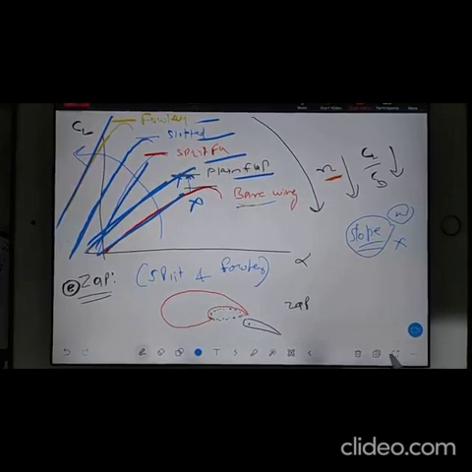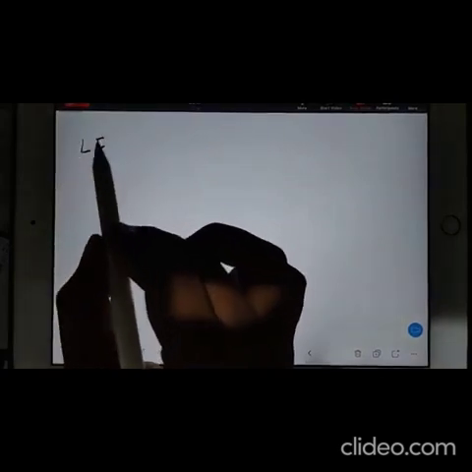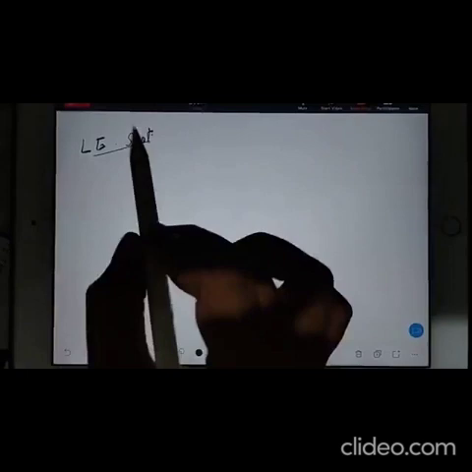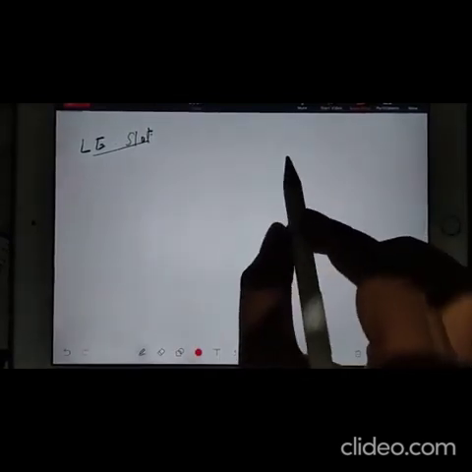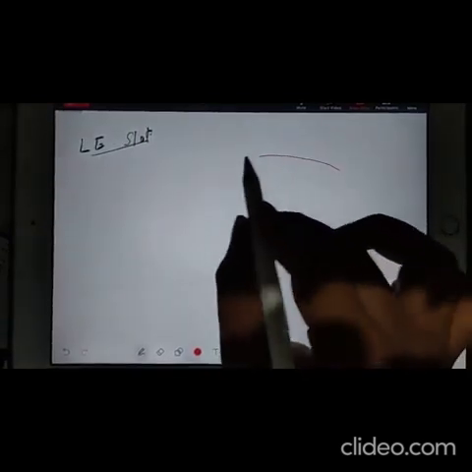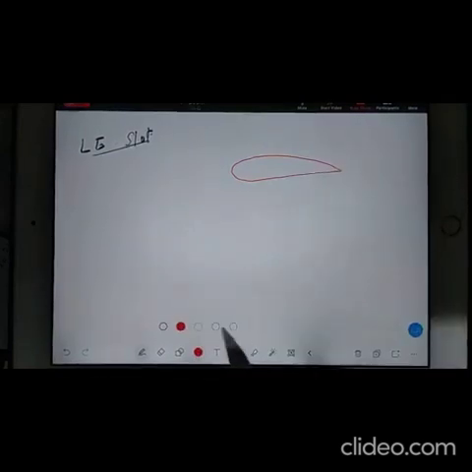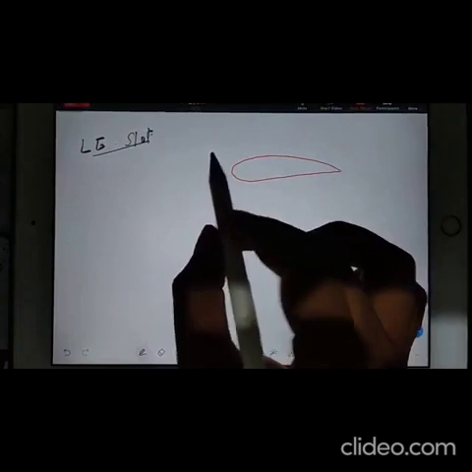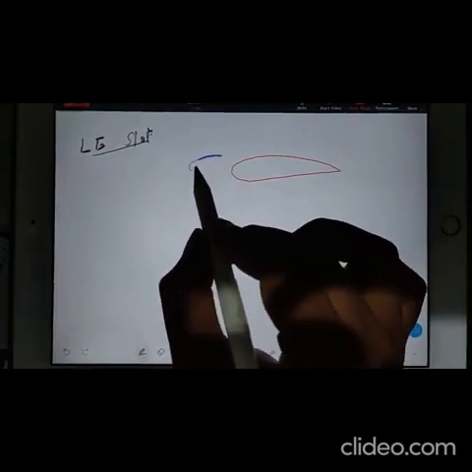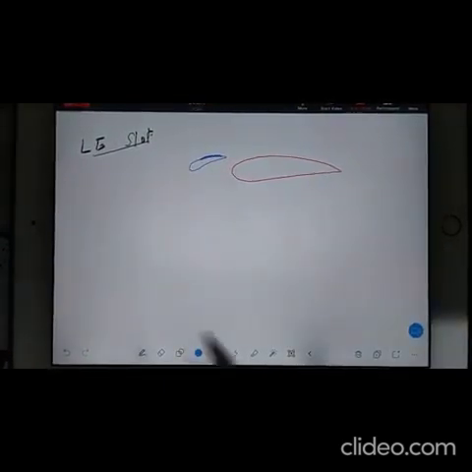Let me draw another type. Leading edge slot. So how do we draw? We first make a wing, and we draw a flap on the front.